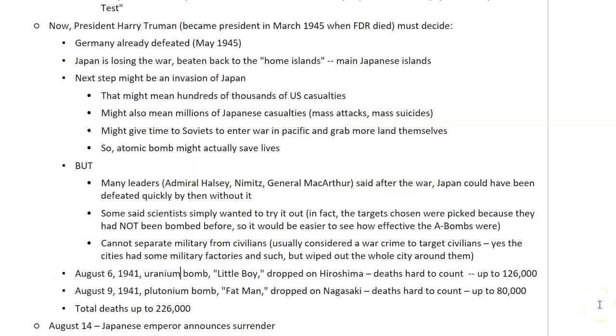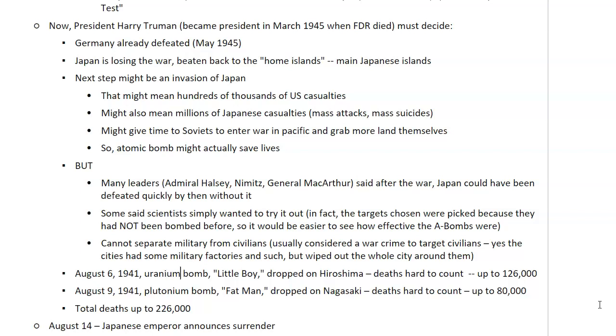Because when they went in afterward and looked at the destruction, they wanted to be able to see clearly what had been caused by the bomb without having to confuse it with what had been caused by other attacks. That's a pretty cold way to look at this, right?